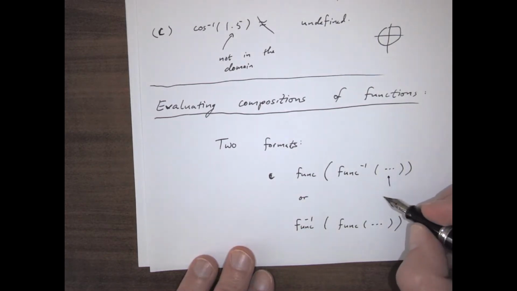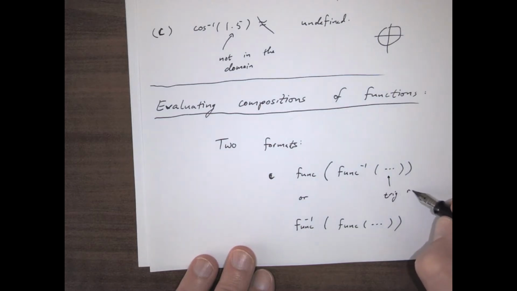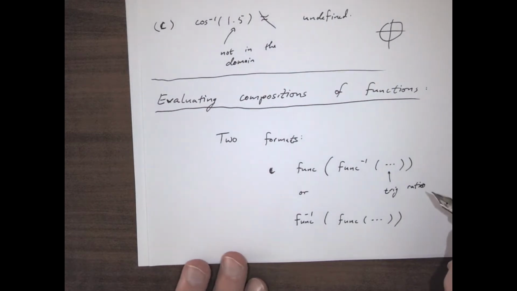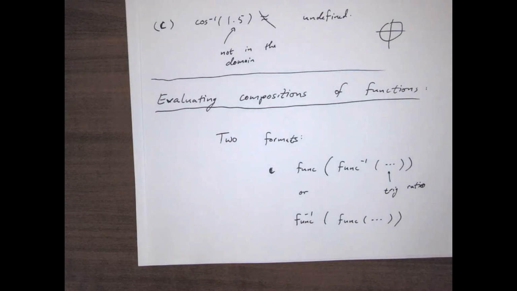Specifically, this starts us with a trig ratio, so it has to be an appropriate value for that function. If this is a sine, you have to have a number between -1 and 1. If it is a cosine, also between -1 and 1. If it's a tangent, though, it can be anything.